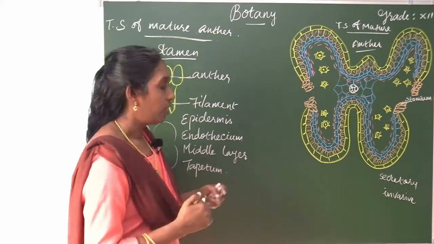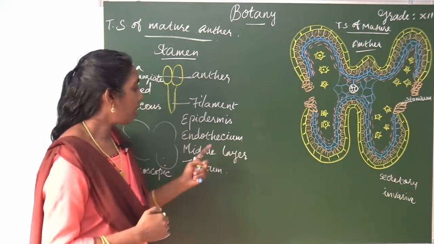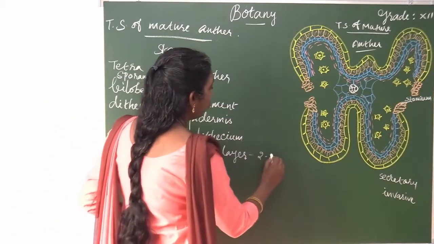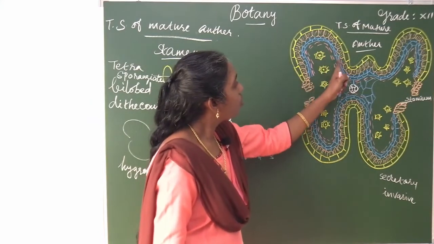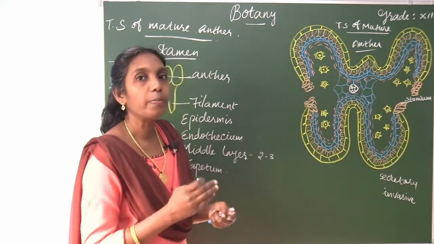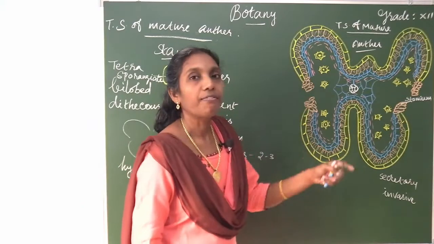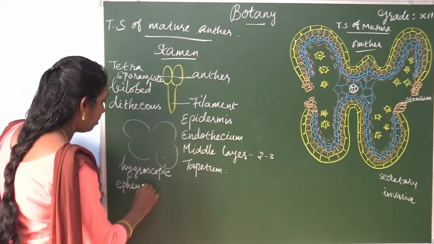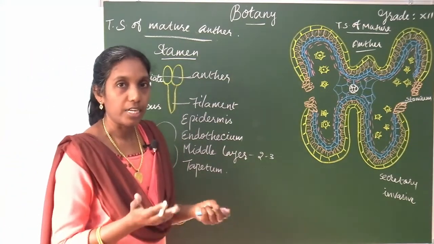Inner to this endothecium there are 2 to 3 layers of middle layer, either 2 layers or 3 layers. Normally this middle layer is ephemeral, which disintegrates very soon.